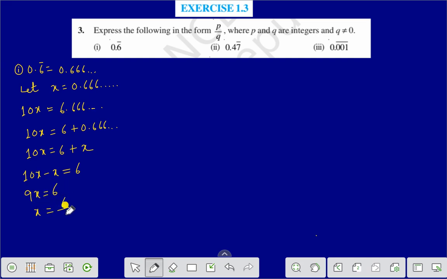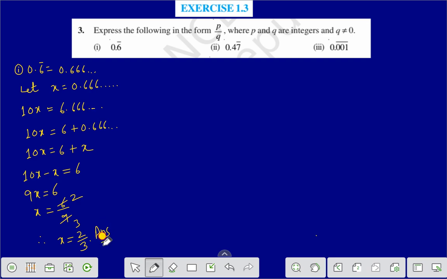That is 3 3s are 9 and 3 2s are 6. Therefore the value of x is equal to 2 by 3, and that is the answer of question number 1.